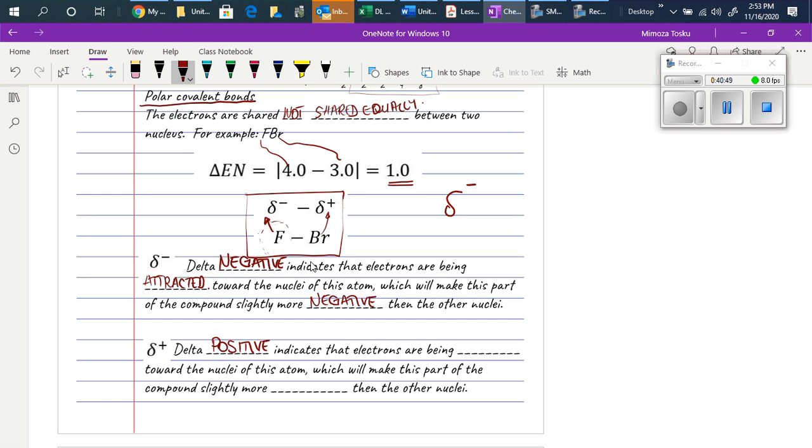So they are being pulled away from the nucleus of this atom, which makes it slightly more positive than the other nucleus. So the fact that we have a delta negative here tells us that what we actually have is a dipole moment in which the electrons have the tendency to stay more near fluorine. So this is how we write the dipole moment.